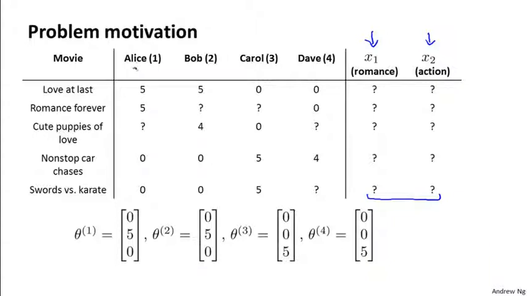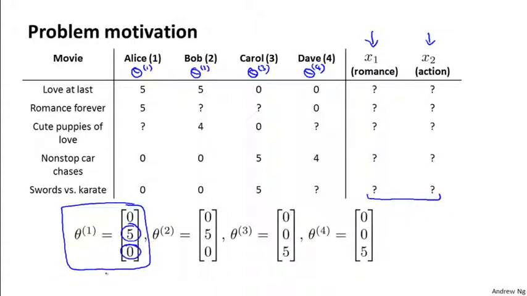So Alice has associated a parameter vector theta1, Bob theta2, Carol theta3, Dave theta4. And let's say Alice tells us that she really likes romantic movies, and so there's a 5 there, which is the multiplier associated with x1. And let's say Alice tells us she really doesn't like action movies, so there's a 0 there.